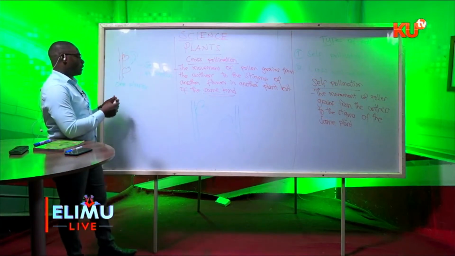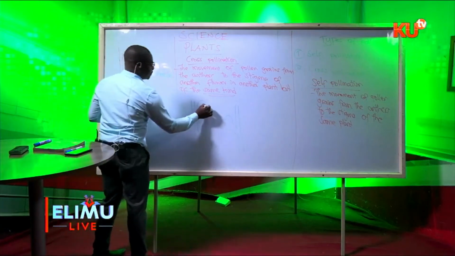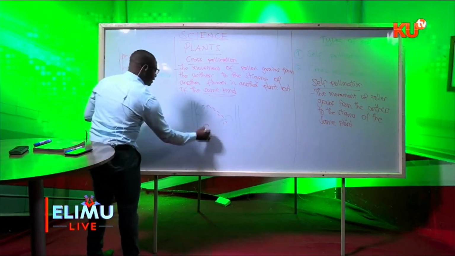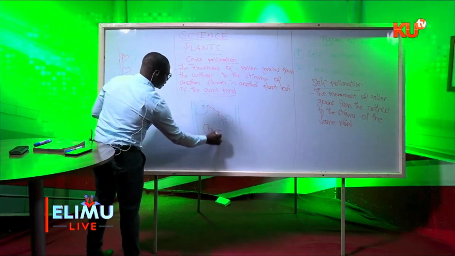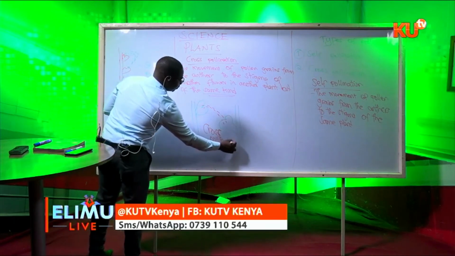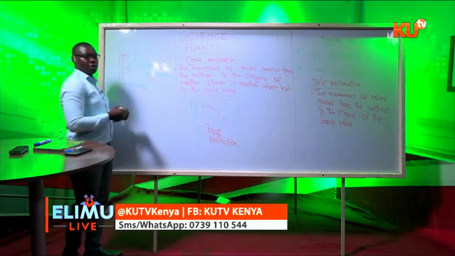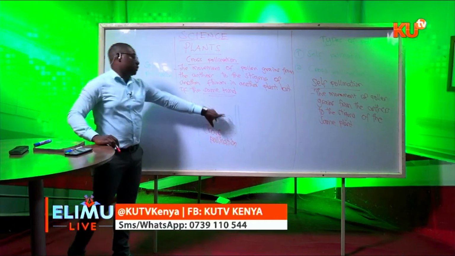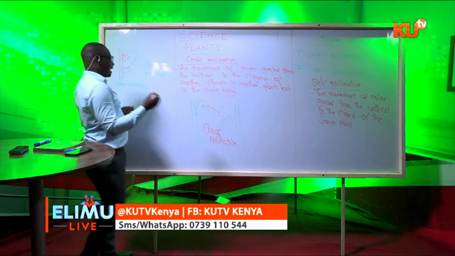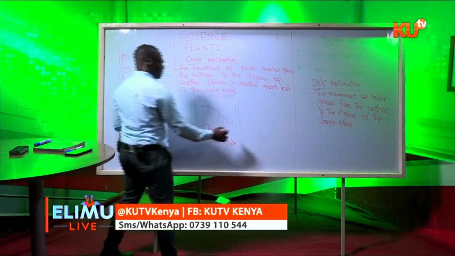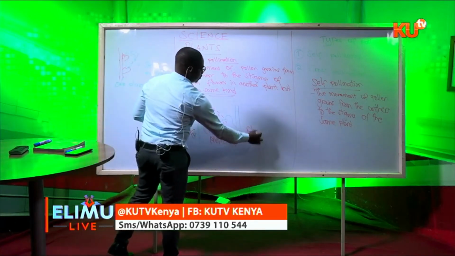So when pollen grains move from this flower to that flower, this is now referred to as cross-pollination. The plants here are 2. This is plant 1, and this is plant 2.